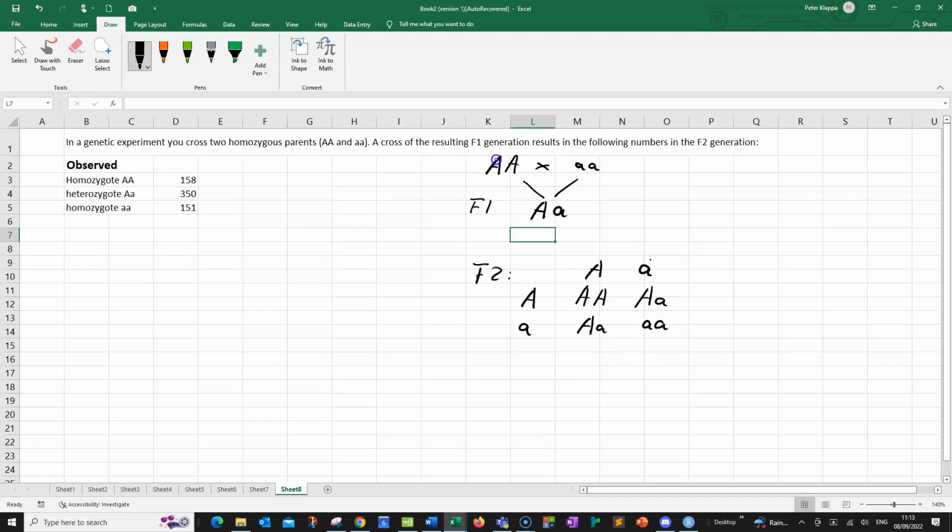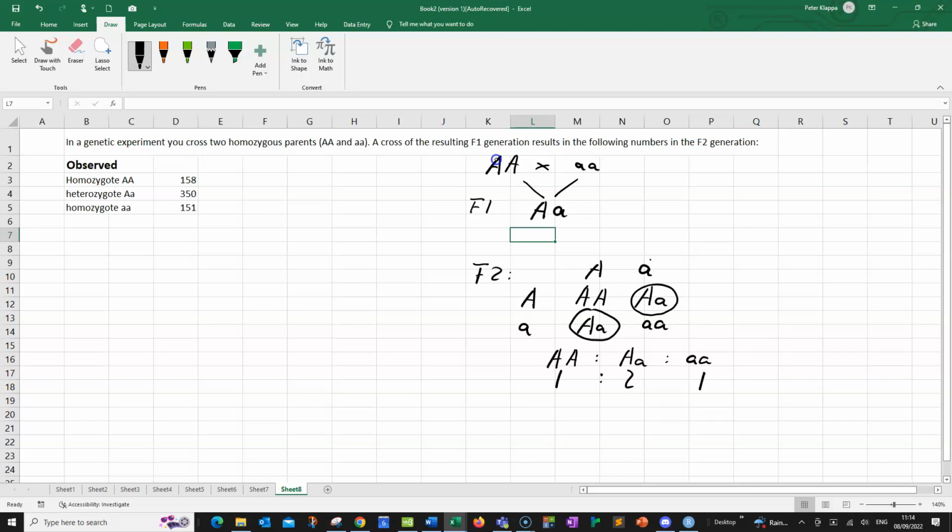So our Mendelian inheritance pattern, when we look at the number of offspring that we would expect, would be one homozygote for the dominant gene and the same number for the homozygote recessive gene, and we've got two of the heterozygotes.